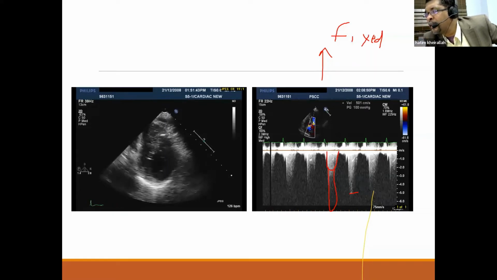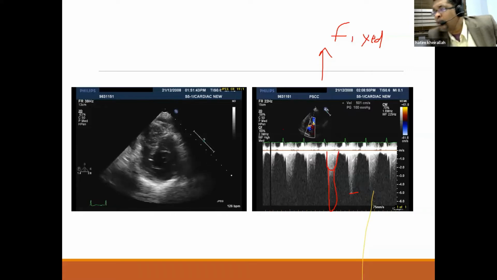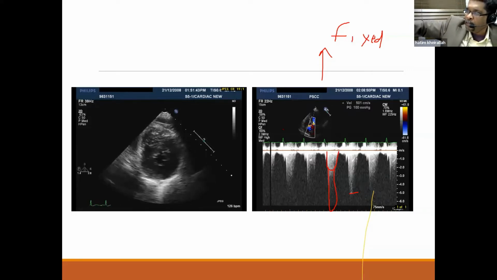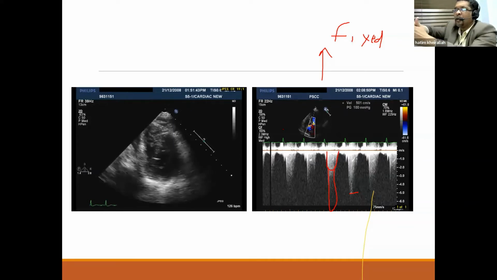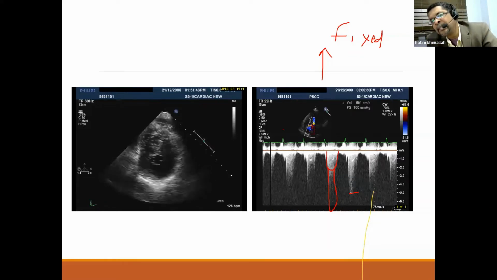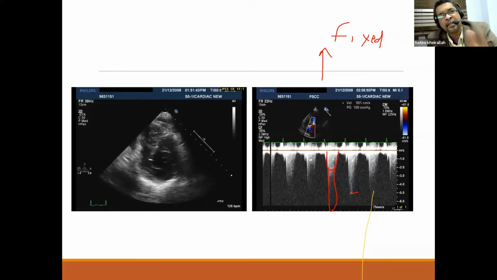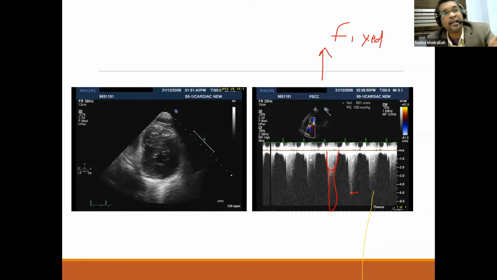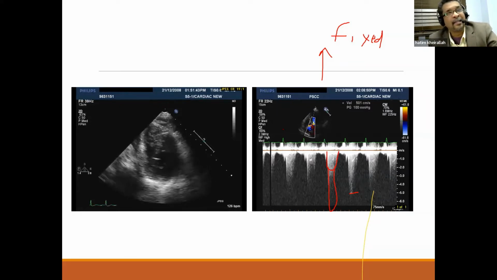Is it going eccentric, central? And you try to modify your image so you bring your interrogation line as parallel as possible, okay? As I told you, it isn't easy, but you have to make the necessary effort before you close the case, as in you fail to elicit severe gradients.